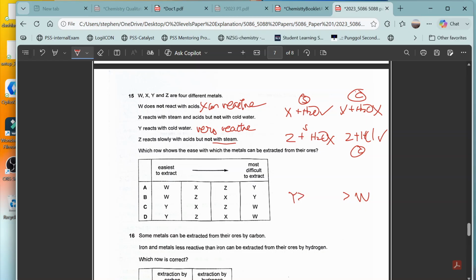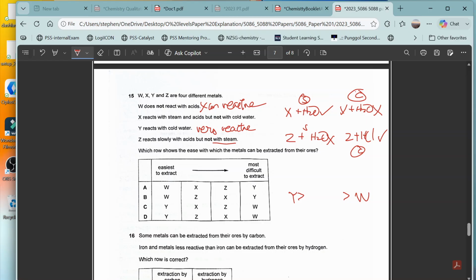Let me see. So you compare X and Z. Which one is the more reactive metal? X or Z? I can see that X will react with cold water, but Z doesn't even react with cold water.